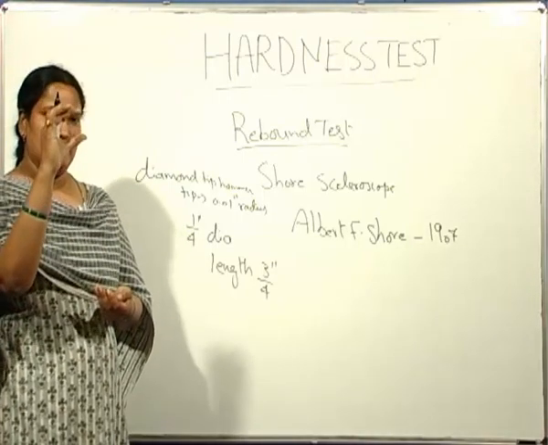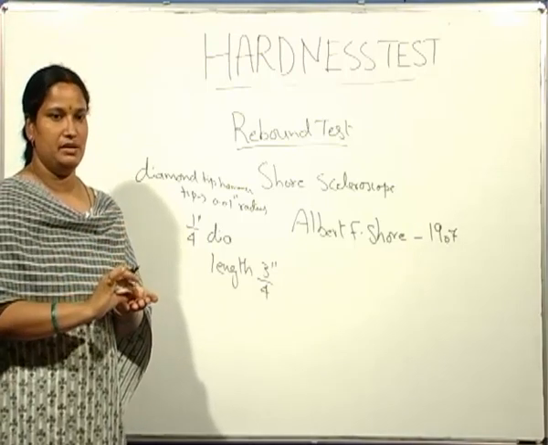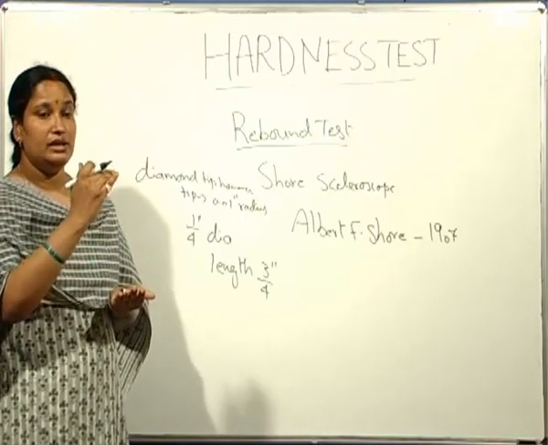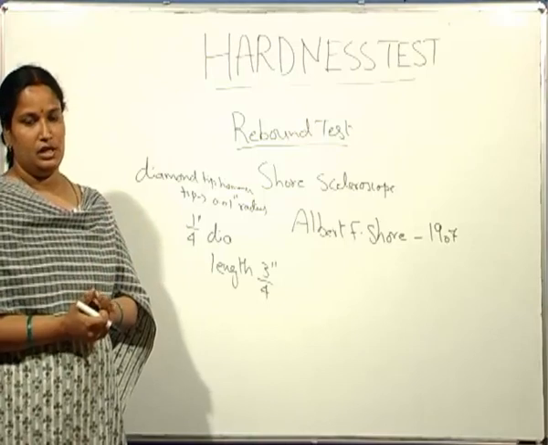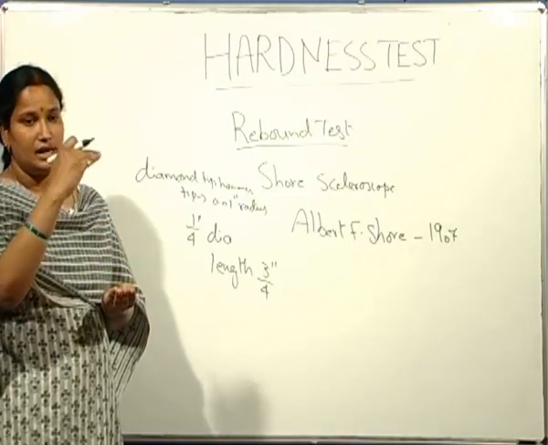So this hammer falls under its own weight onto the test specimen and it rebounds to a height depending upon the hardness of the material. If the material is harder, the height of rebound is higher.